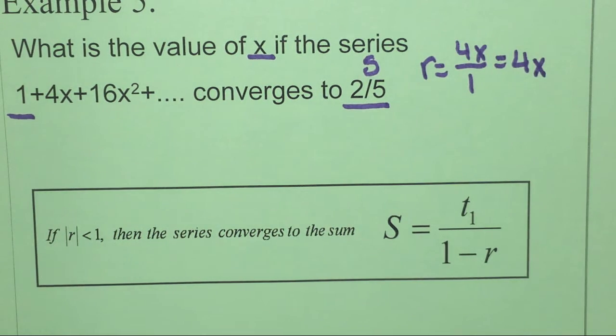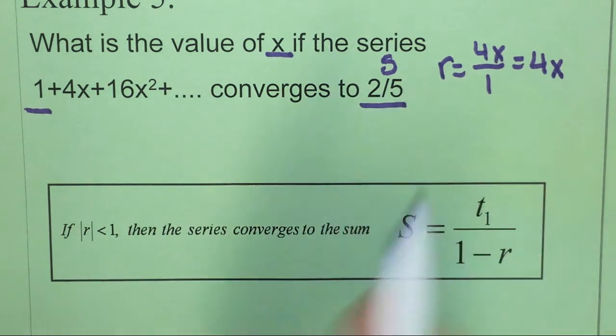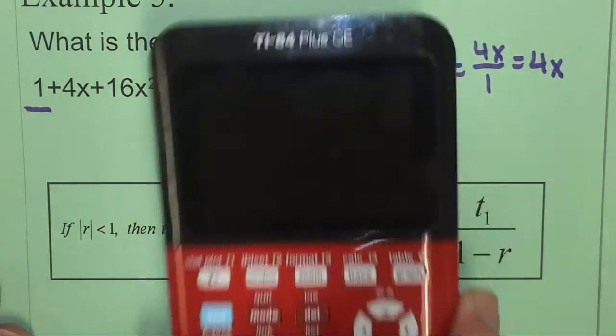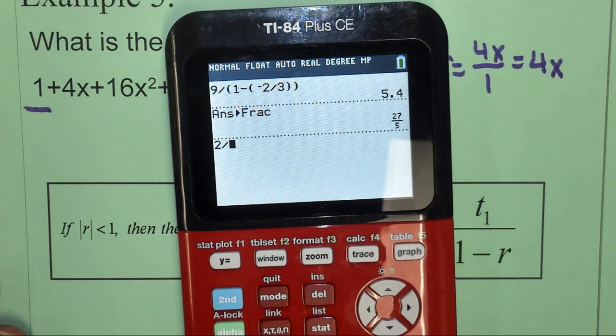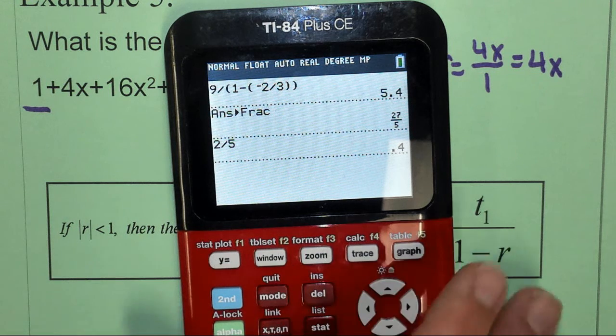Do I have everything I need to plug in and solve? Okay, so what am I going to plug in for the S? 2 over 5. Now, if you don't like 2 over 5, let's go see what it looks like in our calculator. What is 2 divided by 5? So if you want to work with 0.4, that's okay. So you tell me, do you want to work with 0.4 or 2/5?